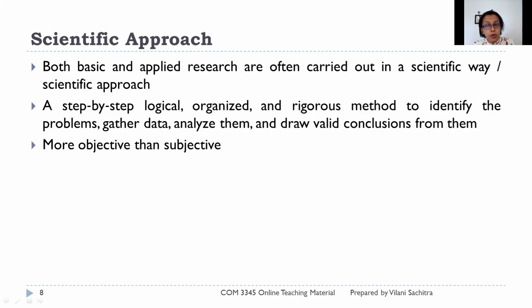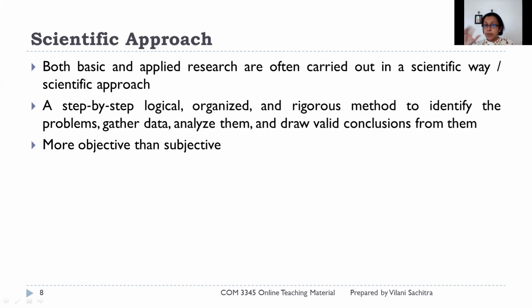That's why we call research an objective process. This is why we call research a systematic approach. Now, if someone asks you why research is identified as a systematic approach, you will be able to answer that question.